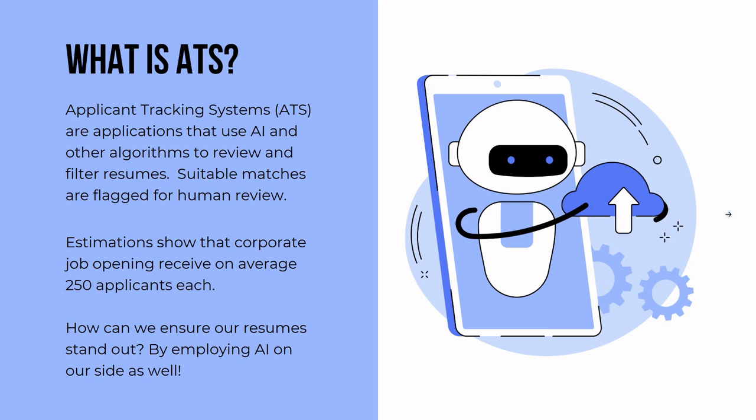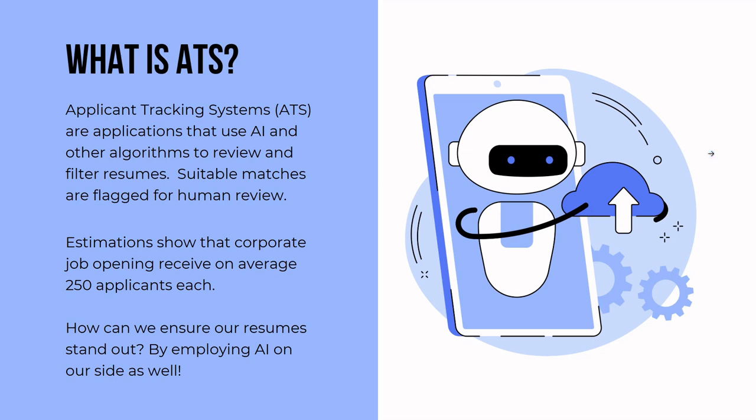It's about getting through to the right person and bypassing the gatekeeper in a way, making your resume the perfect golden bullet to get just the right job. Estimations show that corporate job openings receive on average 250 applications each.